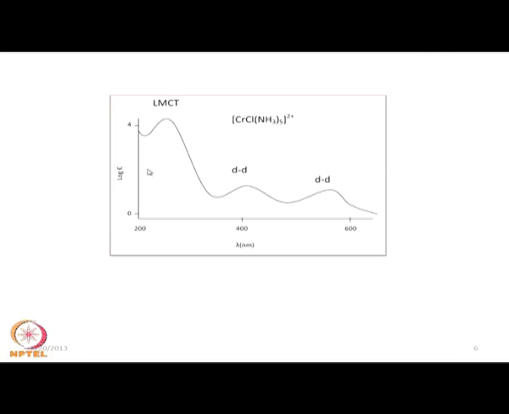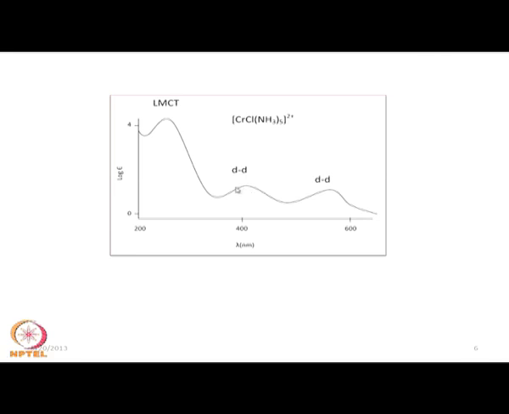What we will see next is, if we systematically analyze the different types of electronic spectra we can have, we will find that we can have three different types of d-d transitions which are allowed to some extent depending upon the relaxation of the selection rules.